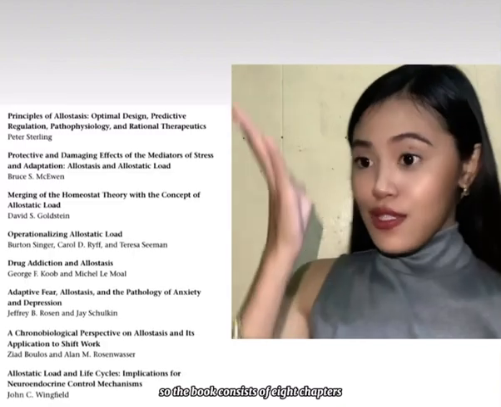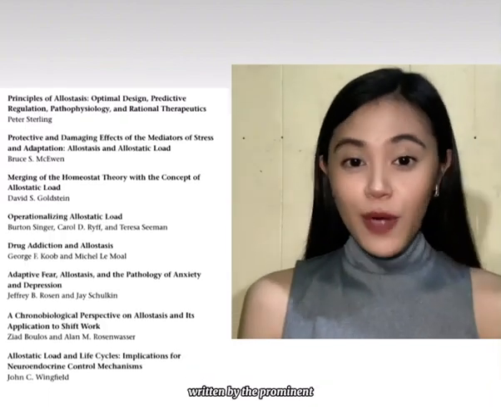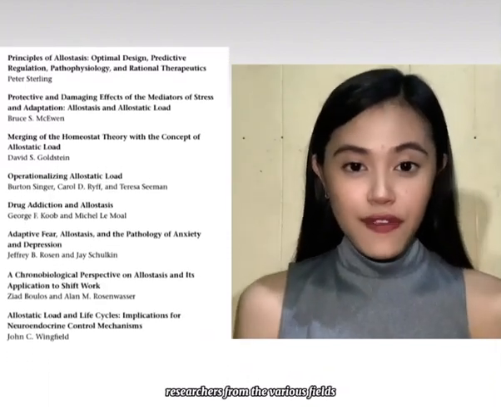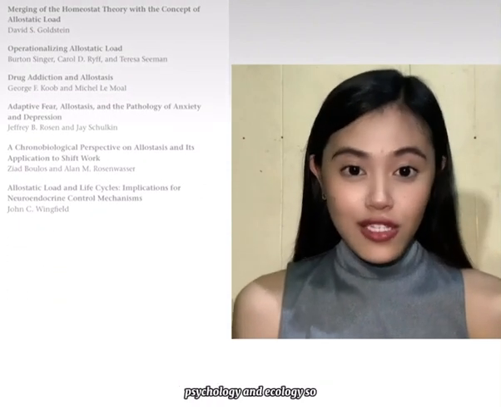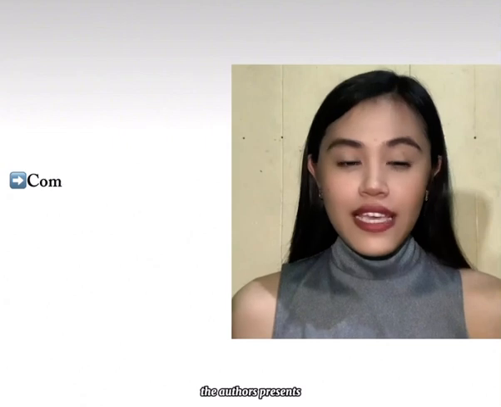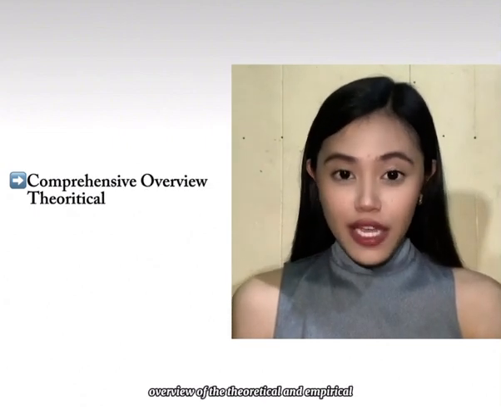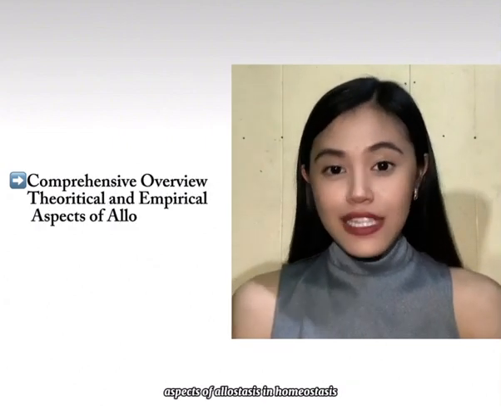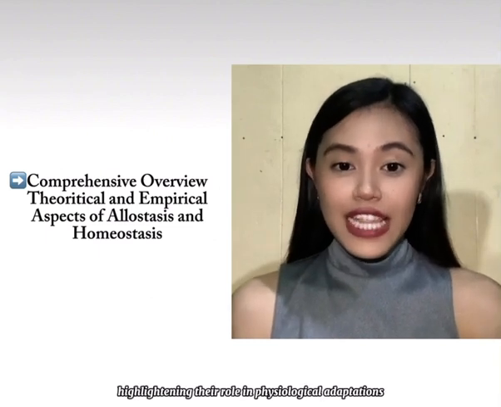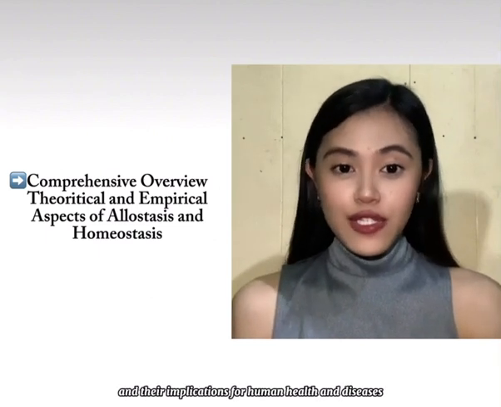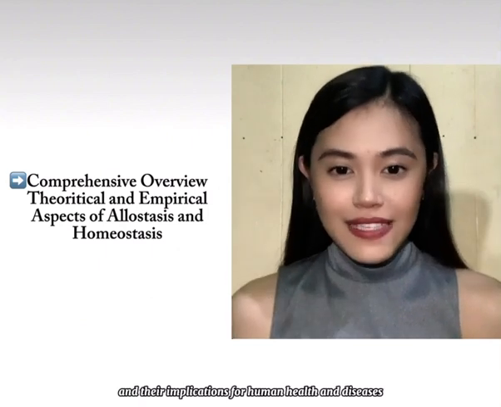So the book consists of 8 chapters written by prominent researchers from various fields including neuroscience, physiology, psychology, and ecology. The authors present a comprehensive overview of the theoretical and empirical aspects of allostasis and homeostasis, highlighting their role in physiological adaptations and their implications for human health and diseases.